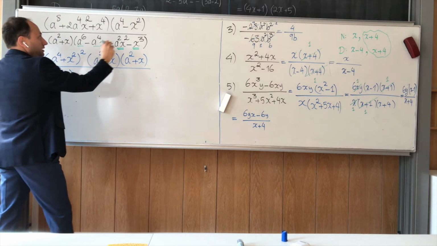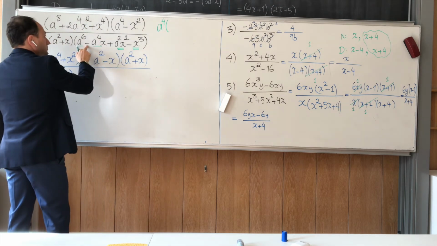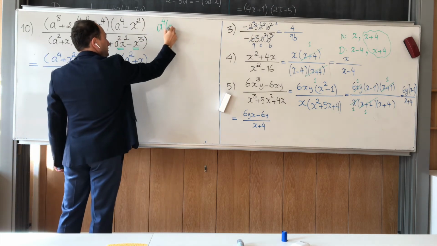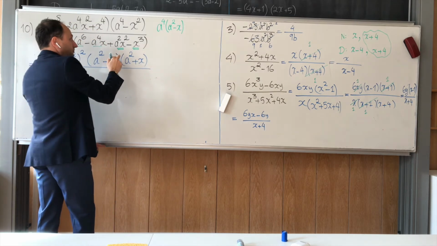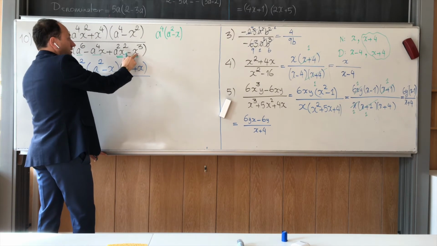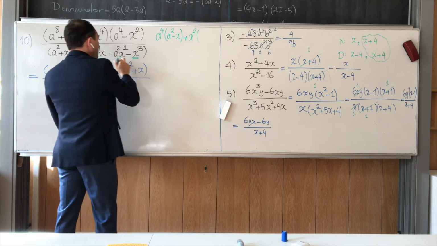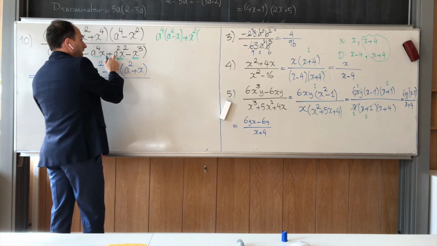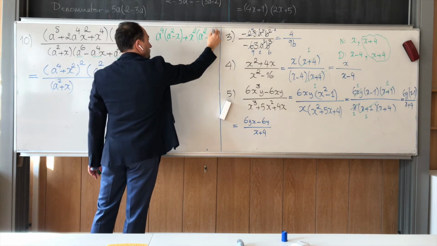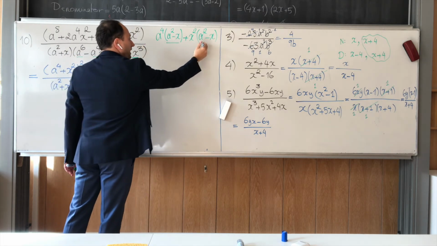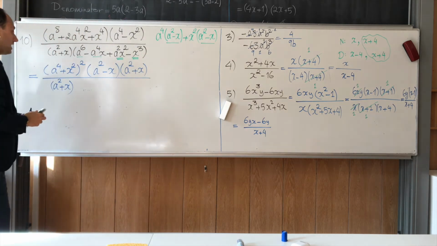Between these two, I can factor a to the 4 out. Then a squared minus x is left. And then here I can factor x squared out. And then a squared minus x is left. And that is a good way of grouping, yes, because now a common factor emerges, and I can pull a squared minus x out.